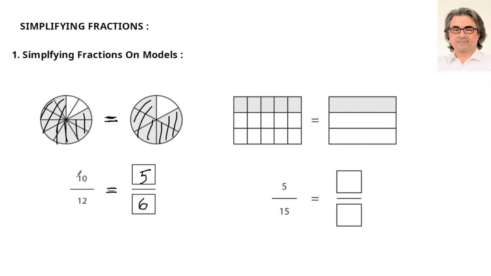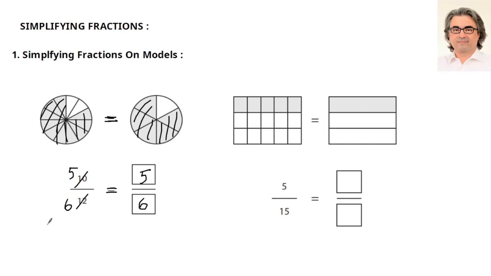So I reached 5 over 6 by dividing both numerator and denominator of the first fraction by 2. If you divide 10 by 2, you will get 5. And if you divide 12 by 2, you will get 6.